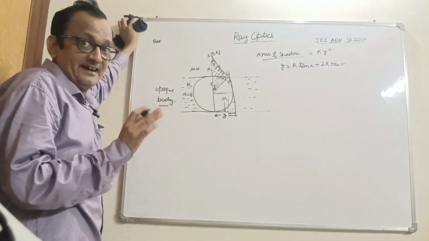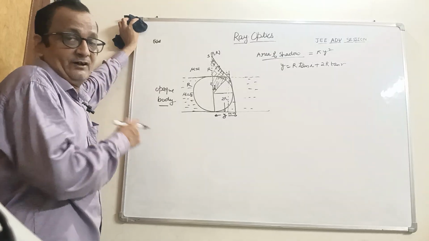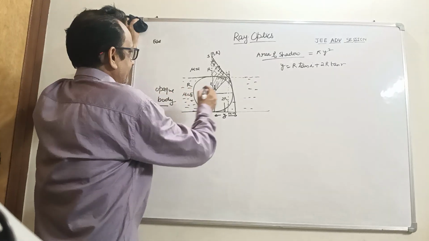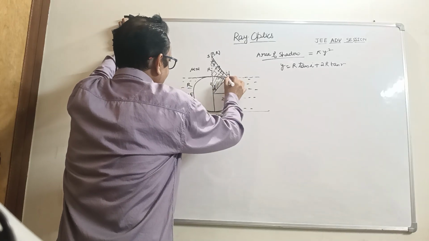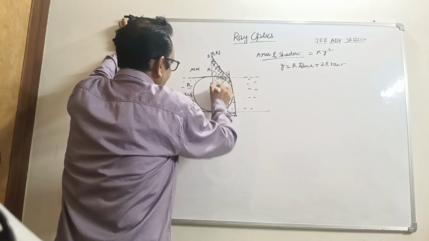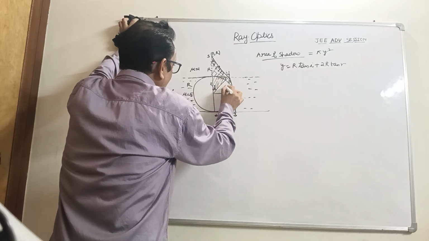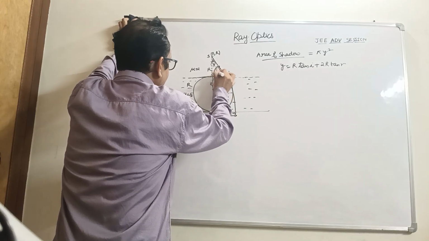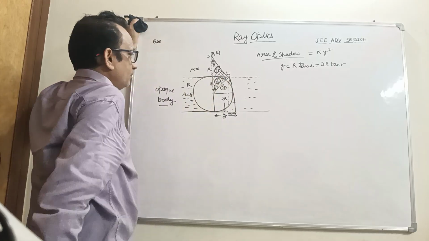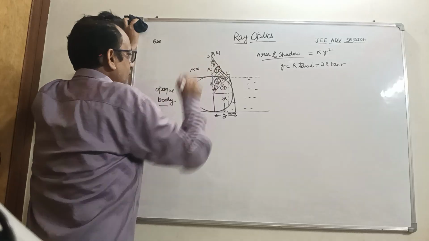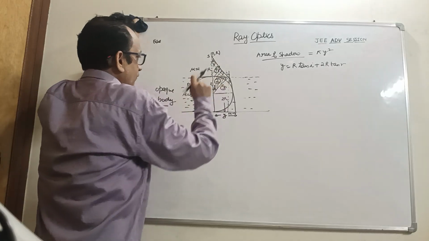This is not a similar triangle, this is a congruent triangle, with the tangent here and tangent here, and the common radius. So triangles 1, 2 and 3 are also congruent. 2 and 3 are congruent, and 1 and 2 are congruent.